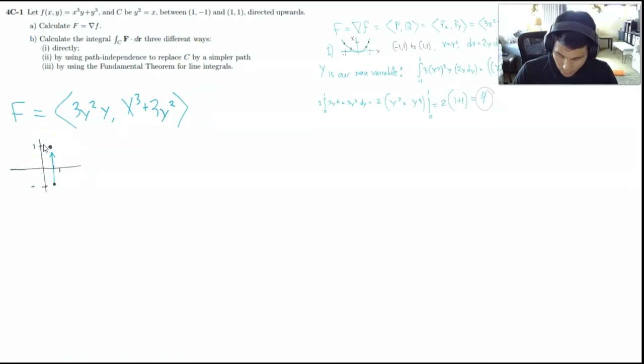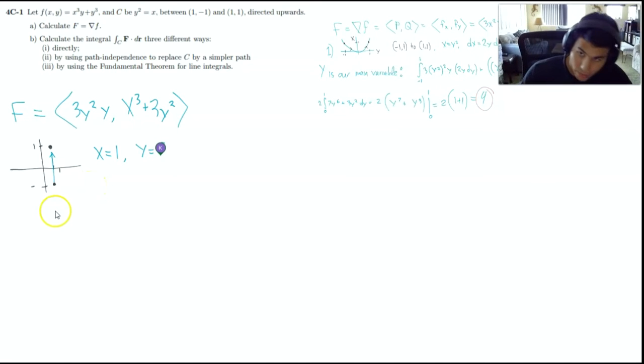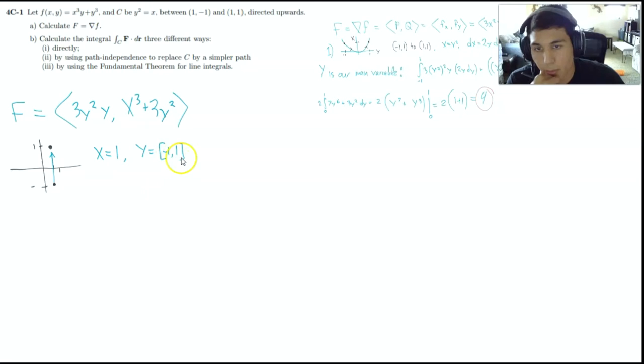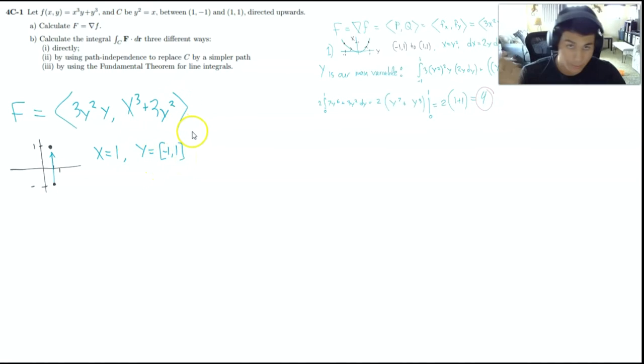So then we could think about, okay, well, how can we describe the situation here? Well, x is equal to 1. I mean, that's the line, right? x is equal to 1. That's a vertical line. And then let's describe how y varies. Well, y varies from negative 1 to 1, as it is right here. Okay, so if x is equal to 1, and y is from negative 1 to 1, how should we pick our main variable?